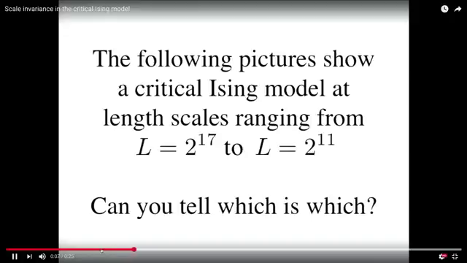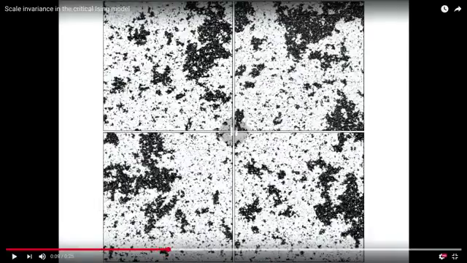So when you go back here. So the point is, this is what scale invariance looks like. If you just looked at any one of these by themselves, you can't tell what length scale you're at, right?